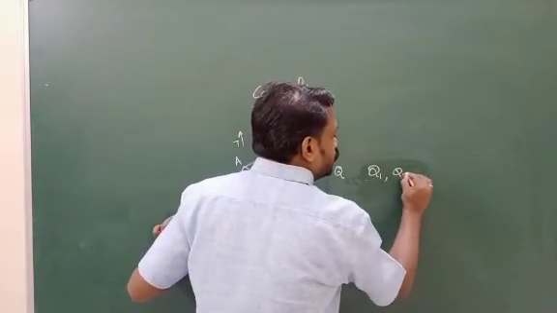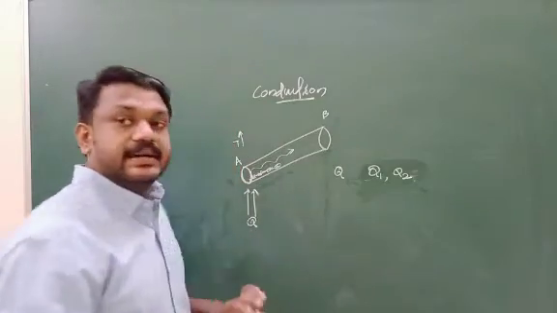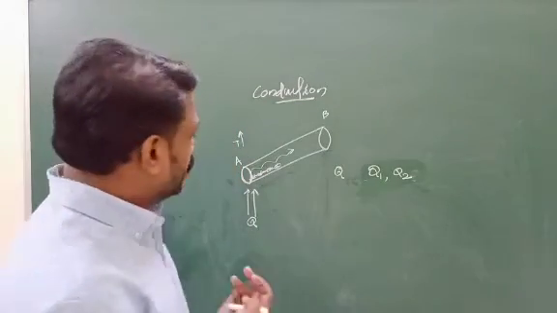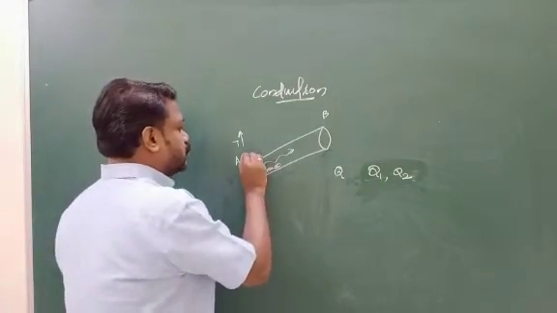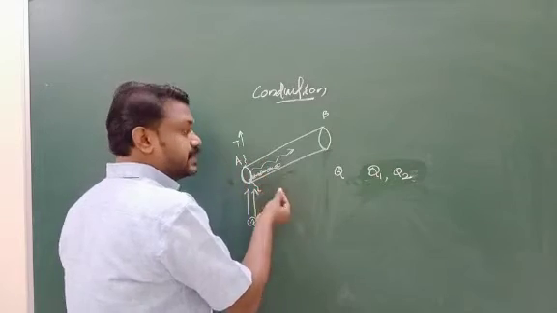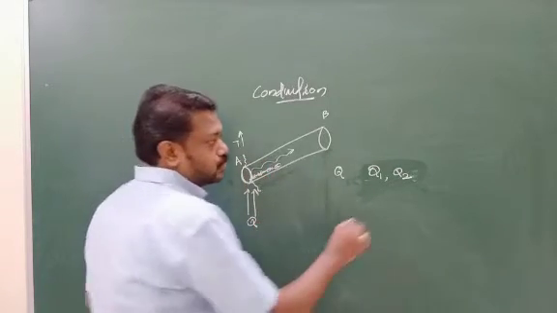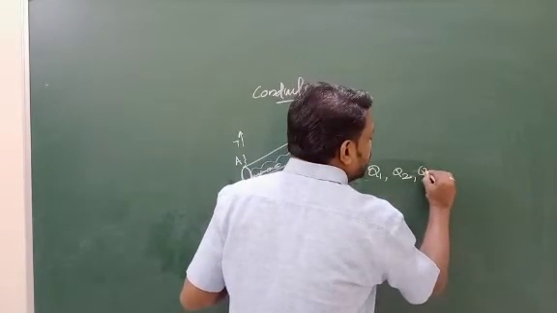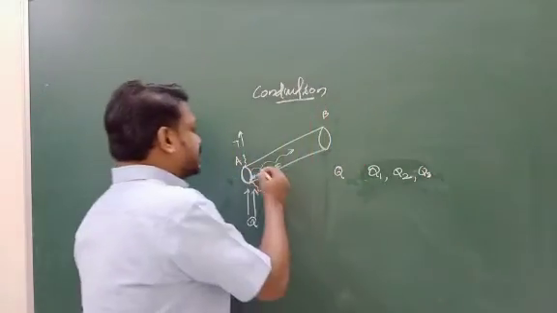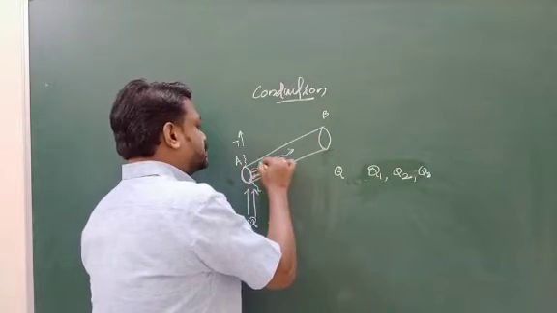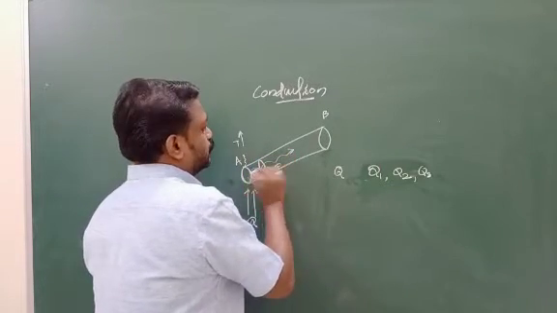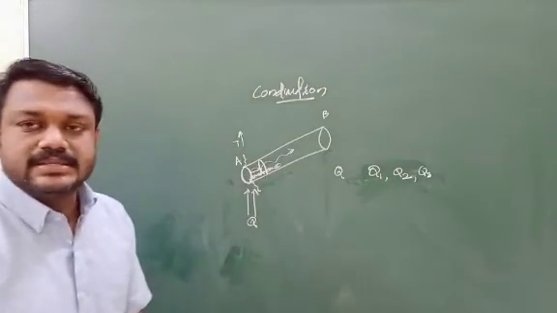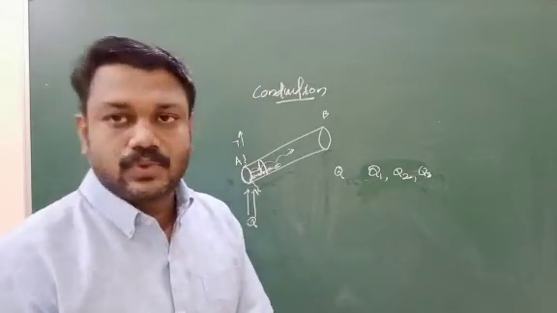Then Q2 amount of heat is radiated out to the surroundings, and Q3 amount of heat is transferred to the next cross-section.